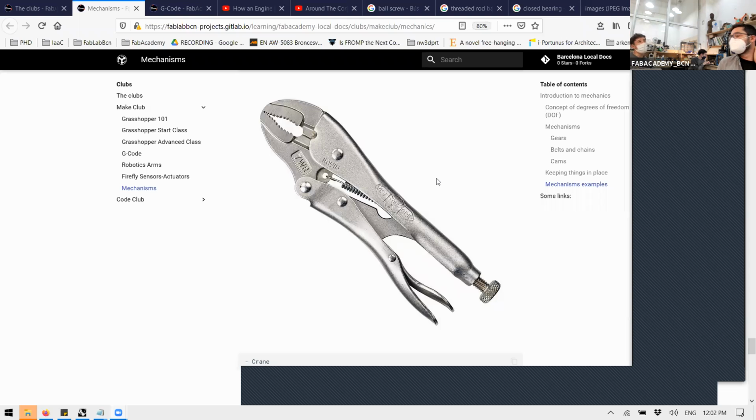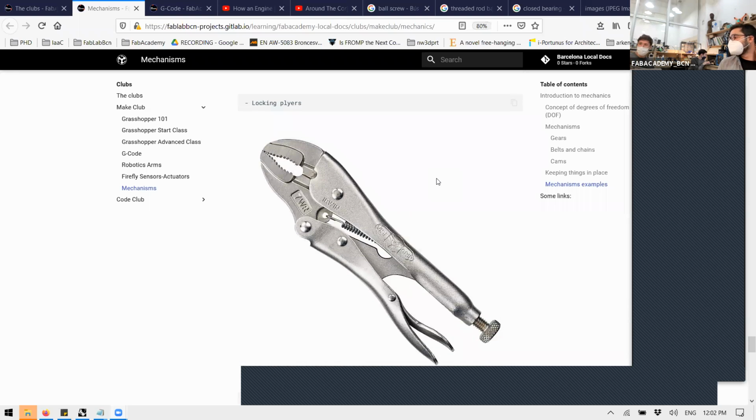I don't know how you call this in English, but it's locking pliers. You close them and they stay in place so that you don't have to keep pushing, and then you can use a lever movement to open something that is really tight. But the mechanism is the interesting part.